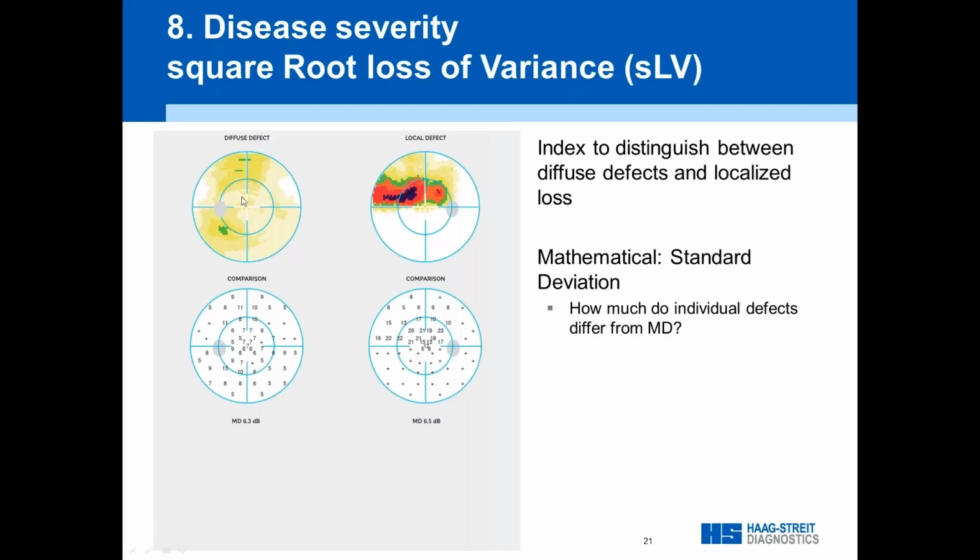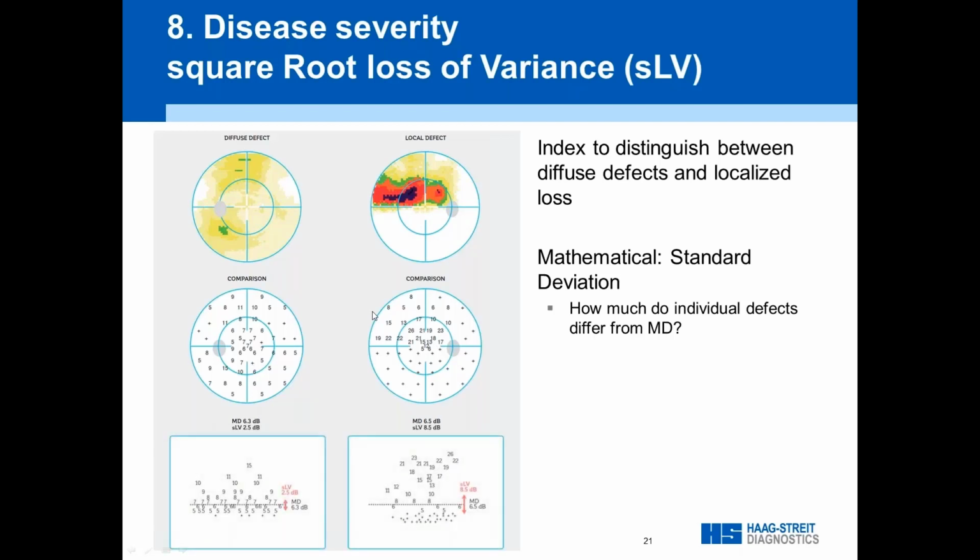Because you see, this field has an MD of 6.3, this has an MD of 6.5. So it's pretty much the same. Because here you have a very deep defect on the right, but nothing else there, whereas here you have a widespread diffuse loss, but a much smaller one. And that's what the SLV does. It says, how much do these individual locations spread out from the average?